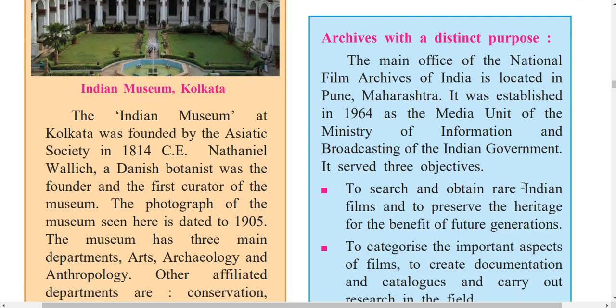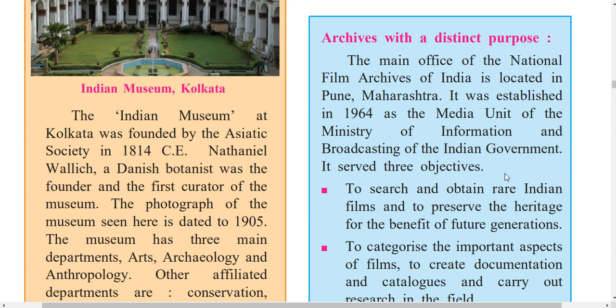Now, in blue box, archives with distinct purpose. The main office of the National Film Archive of India is located in Pune, Maharashtra. It was established in 1964 as the media unit of the Ministry of Information and Broadcasting of the Indian government.